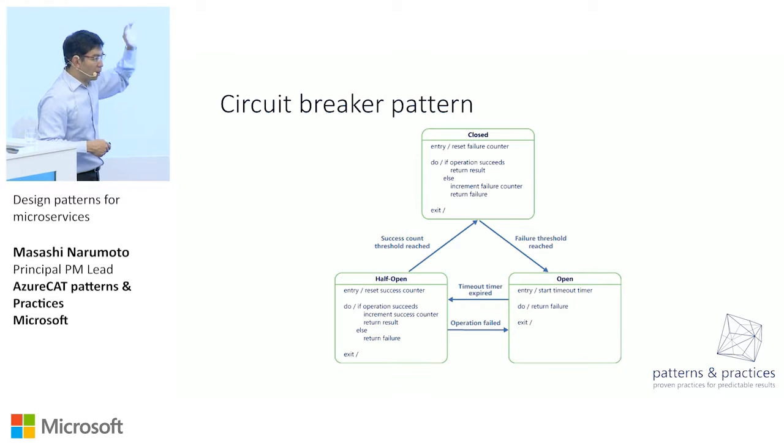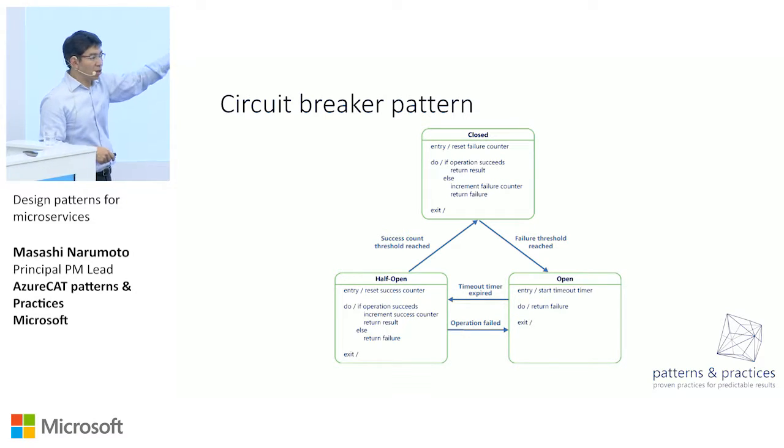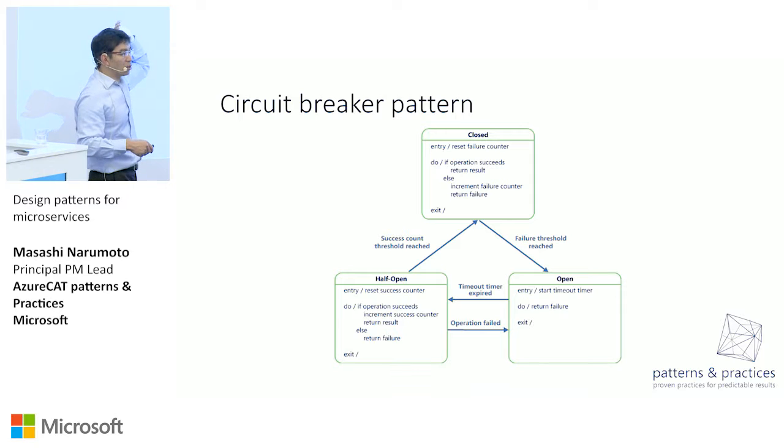And this is a little more in depth, right? So this pattern manages three states: closed, open, and half open. Closed is the normal state. Every request is going through.